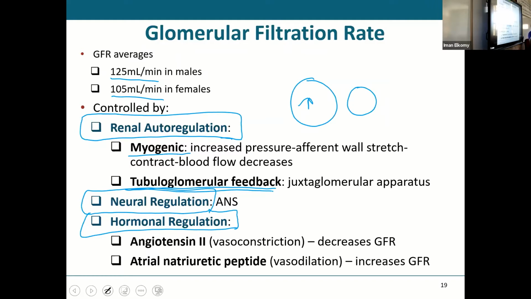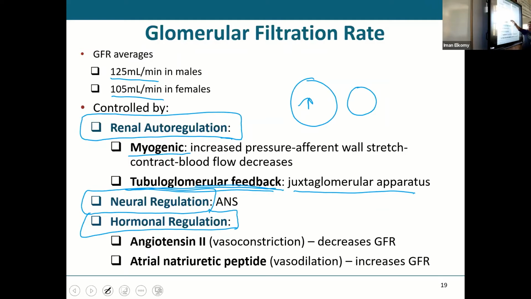And when that pressure was elevated, those cells were able to release a substance that allows relaxation of the other arterioles so that the pressure goes down, okay? If that's too confusing, please remember that the tubuloglomerular feedback is through the juxtaglomerular apparatus.